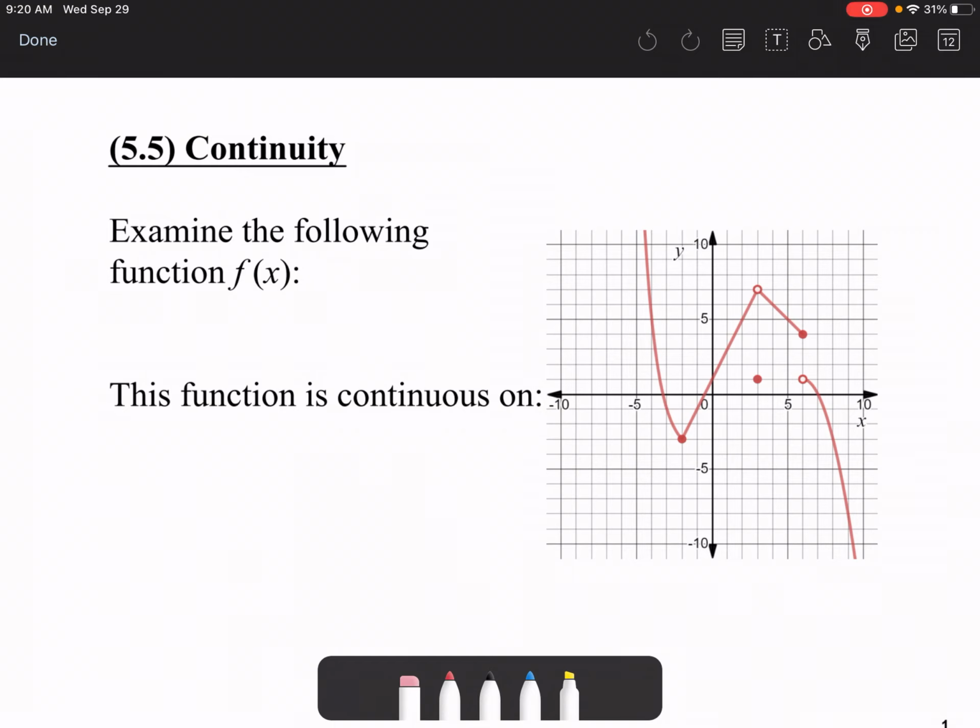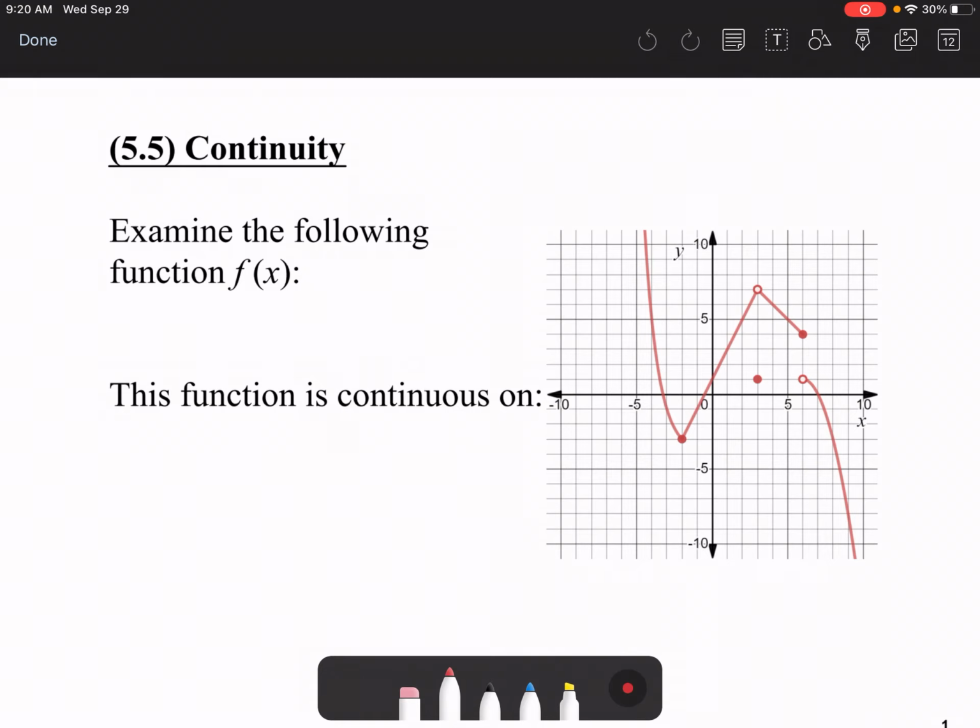First of all, the term continuous, if you remember, is where there are no holes or breaks or vertical asymptotes or things like this. So in this function, you can describe it as having no holes or no vertical asymptotes on all parts of the function in different ways.